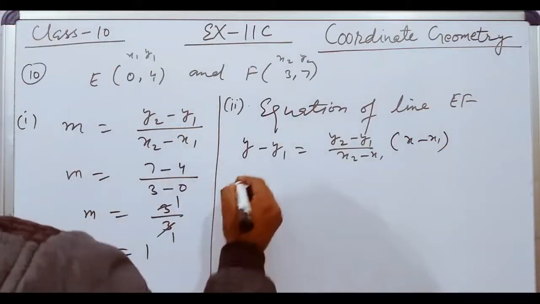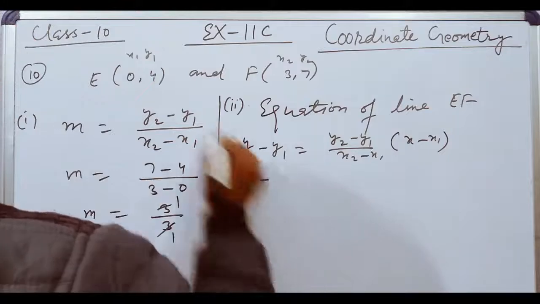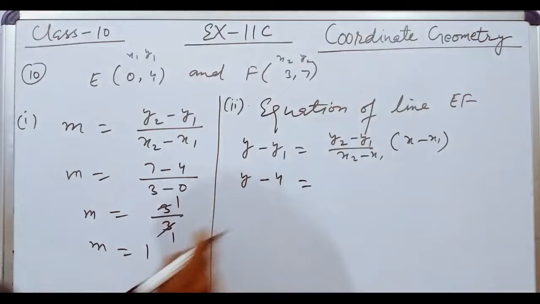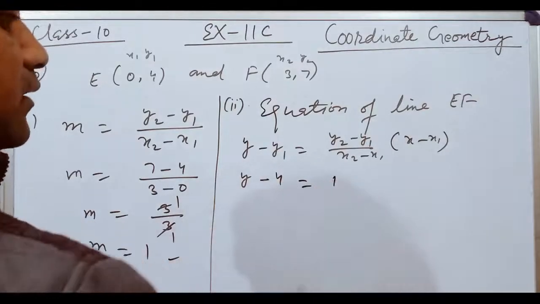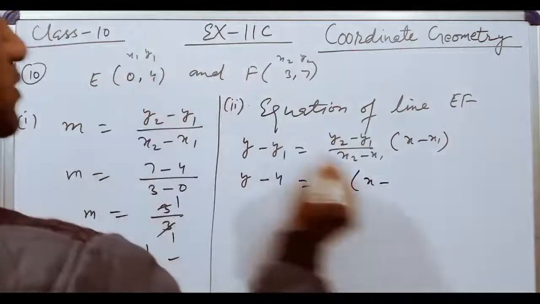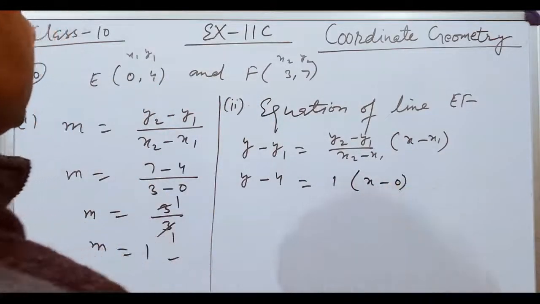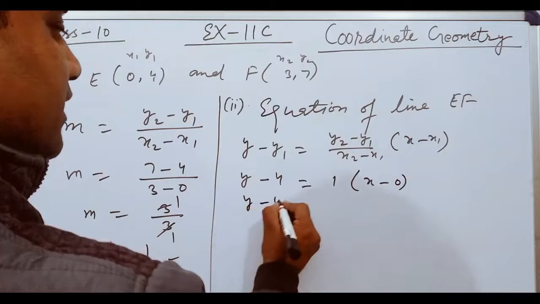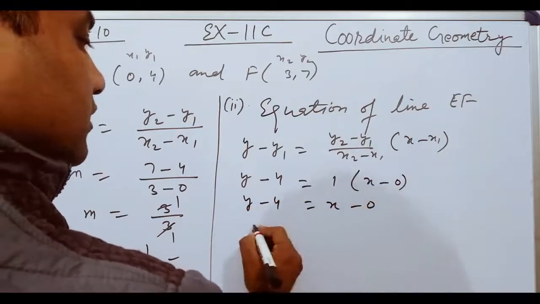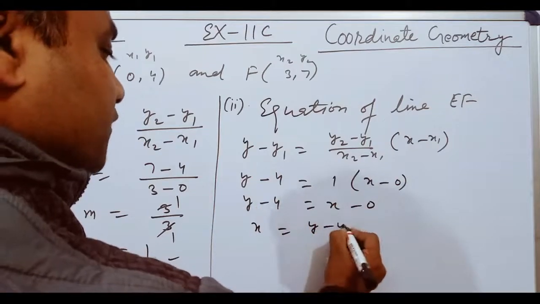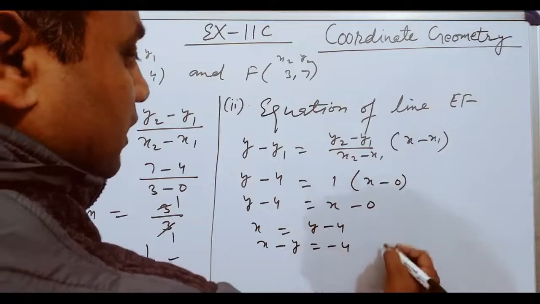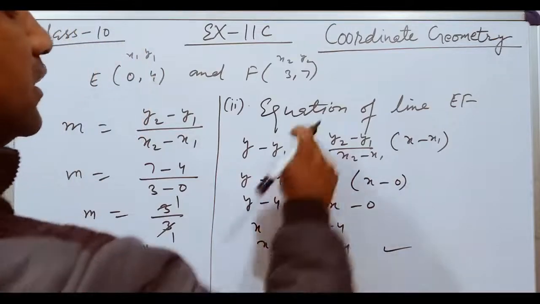Here (y2 minus y1) upon (x2 minus x1) means the slope, which is 1, we got already. x1 is 0. So y minus 4 equals x minus 0, then x equals y minus 4, so x minus y equals minus 4. This is the equation of line EF.